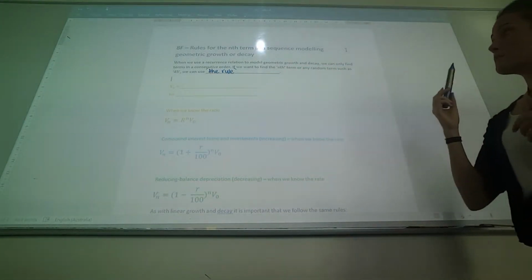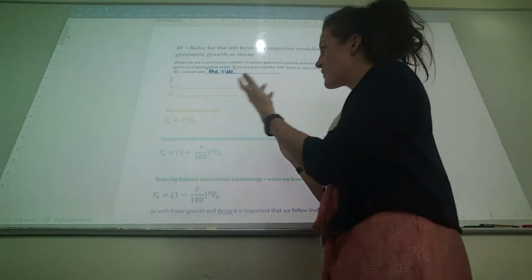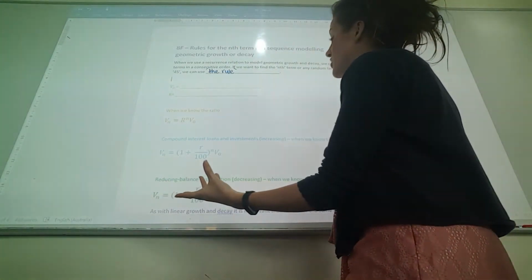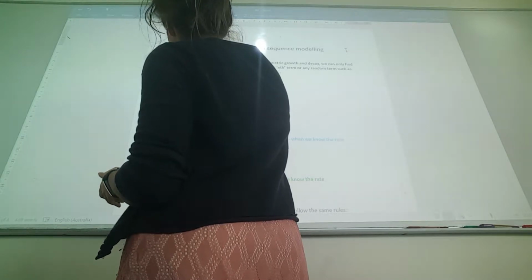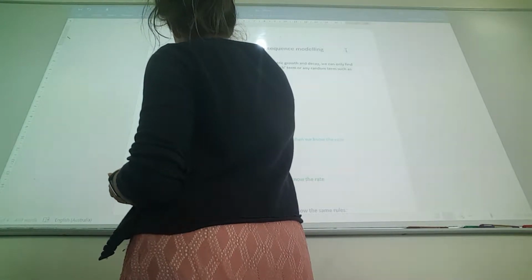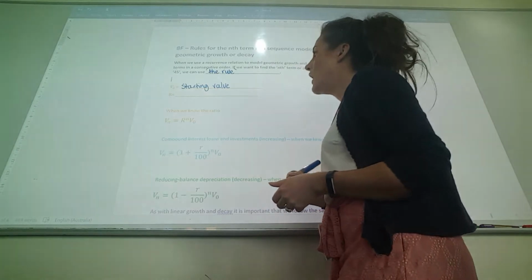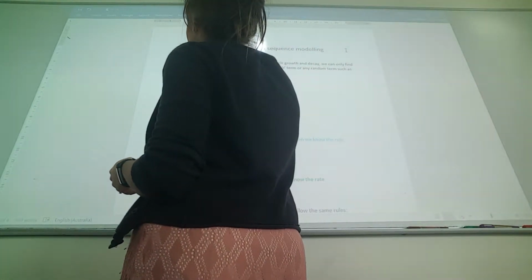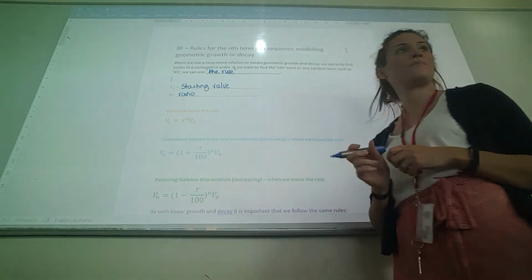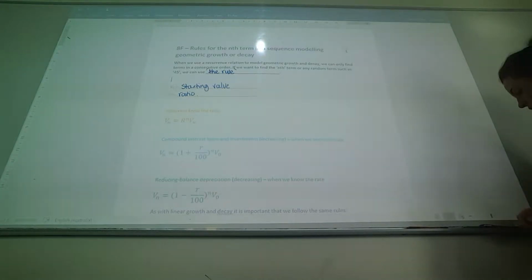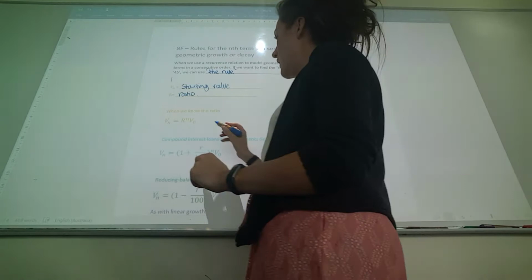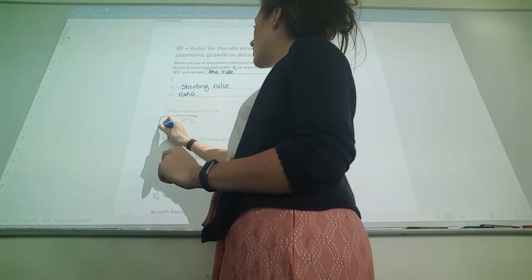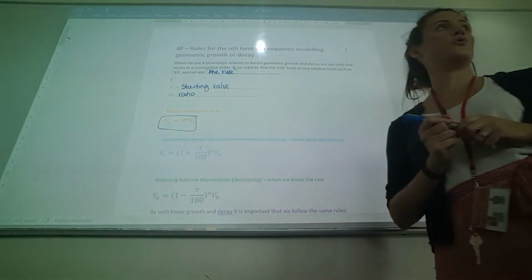So as per what we did with linear and with when we were doing recursion with geometric, V0 is our starting value and R is our ratio. And when we know the ratio, this is our rule.